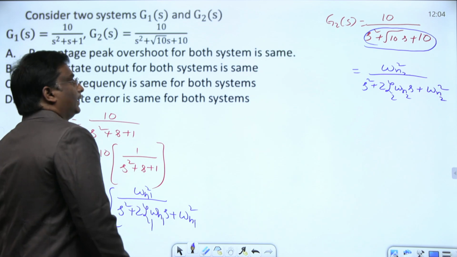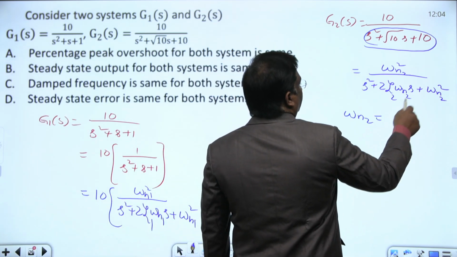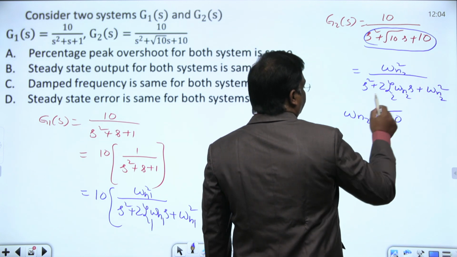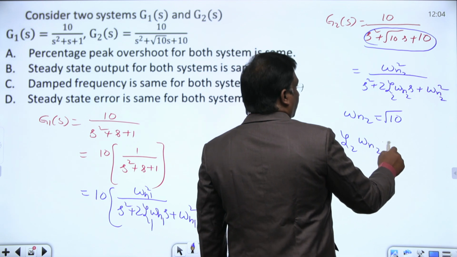Now let us compare and tell me the value of omega n2 here. Omega n2 is nothing but root 10. 2 zeta omega n equals root 10.